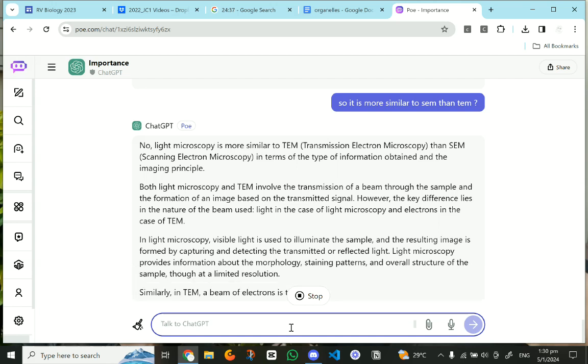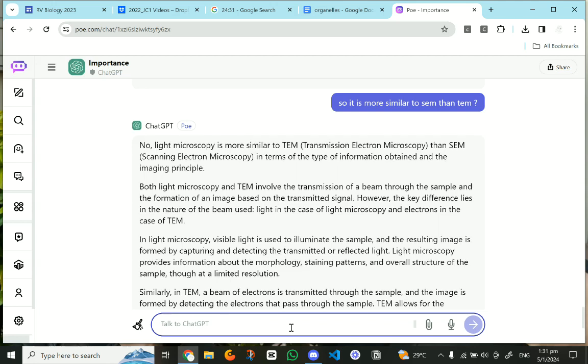Oh, TEM is the... oh wait, oh yeah. Okay, so apparently from my notes it says TEM, although it uses electrons instead of light, detects the structures through darker areas that are more electron dense and lighter areas that are less electron dense.